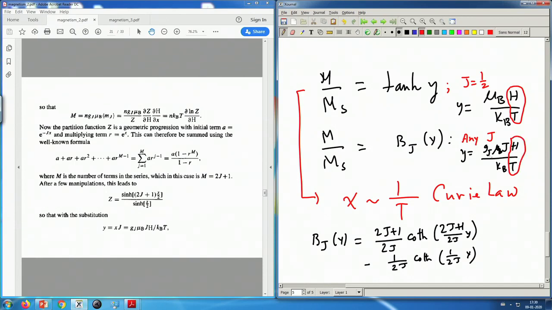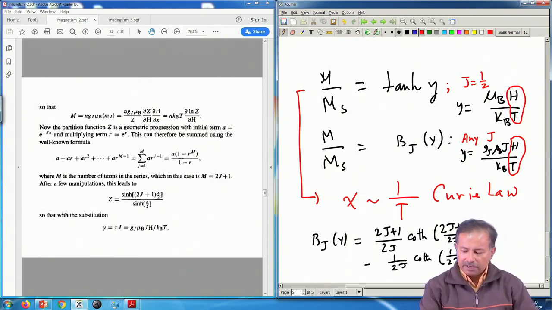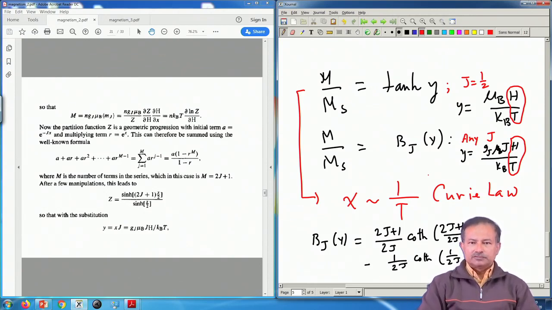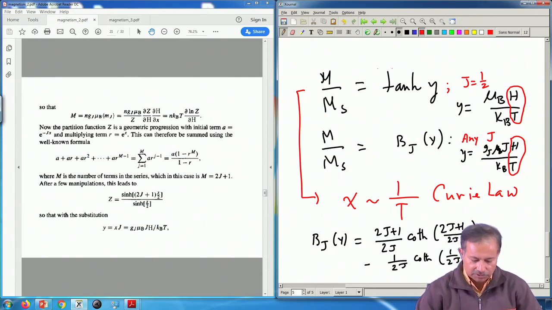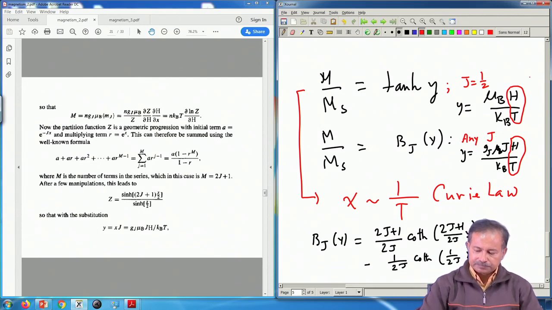The others are factors which come because mu b and k b are converting field and temperature to energies, and these other numerical factors, g_j and j, come because of the finite j calculation being done. The important thing is this h by t dependence.